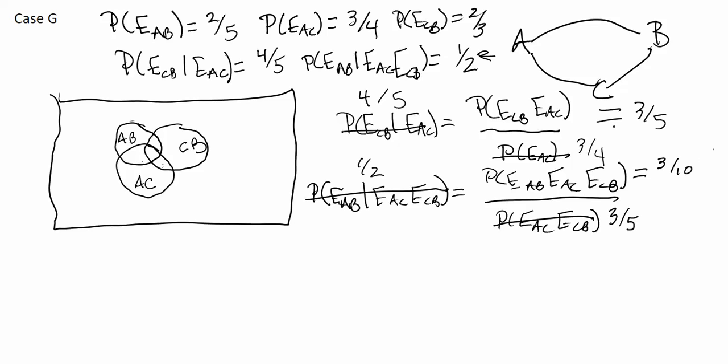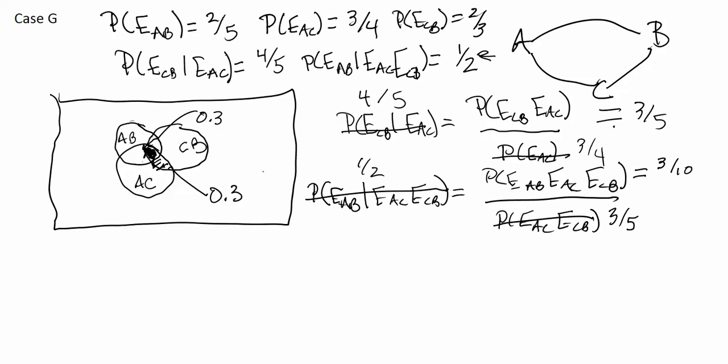So now we know that this portion that I'm trying to shade right here, that's in all three, is equal to 0.3, which means that this portion is also 0.3, because we knew that the intersection of AC and CB totaled 0.6.